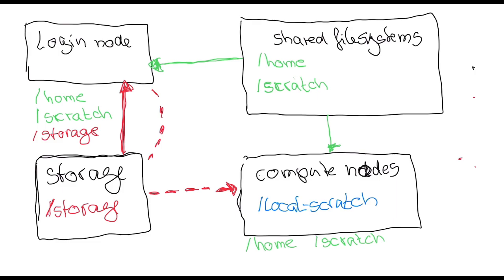So users should really be aware of what happens with data during their calculations. So do they need to read in a large input file, so input data? Does that data have to be available during the calculations? Are the calculations writing out a lot of files, a lot of small files, or a lot of large files, or just one large file, for example?